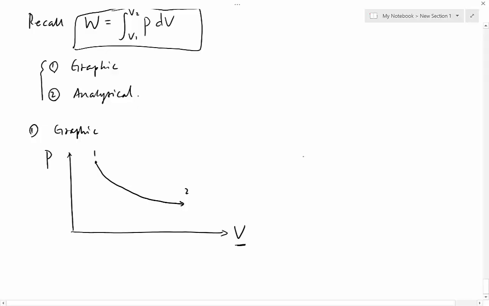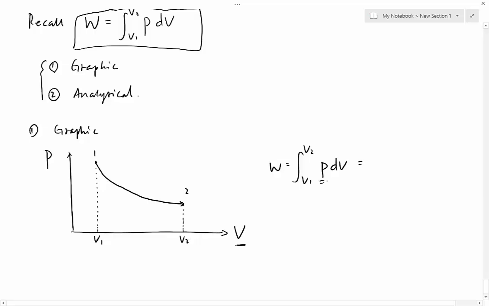Okay, so the equation we have is work is equal to integral P dV from V1 to V2. Let's find V1 and V2 on this diagram. V1 must be the x-coordinate of point number 1, and V2 must be the x-coordinate of point number 2. Okay, so now let's take a look.